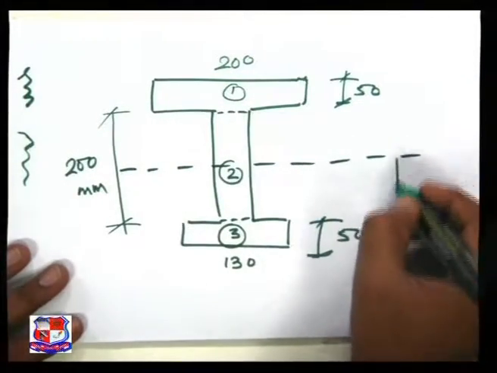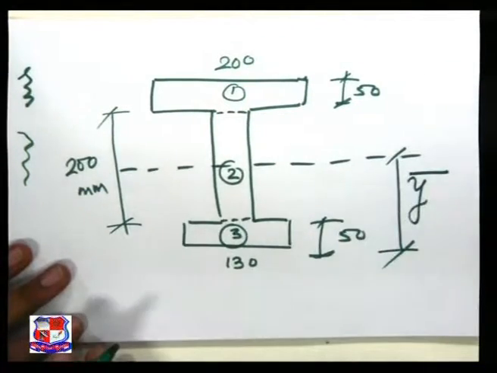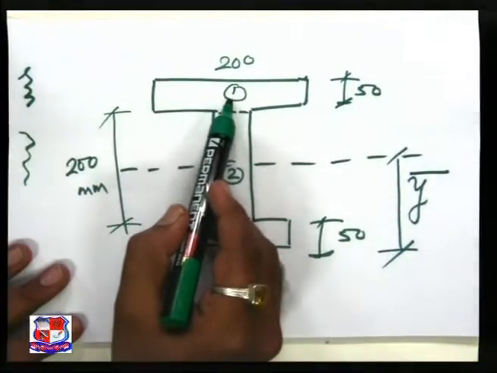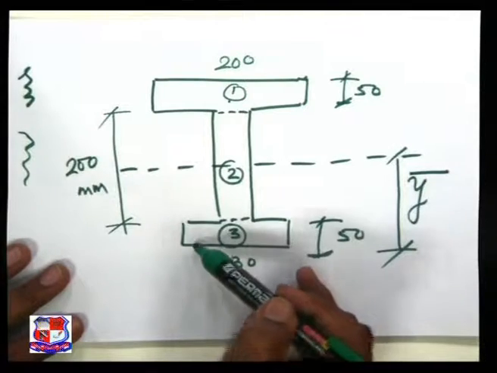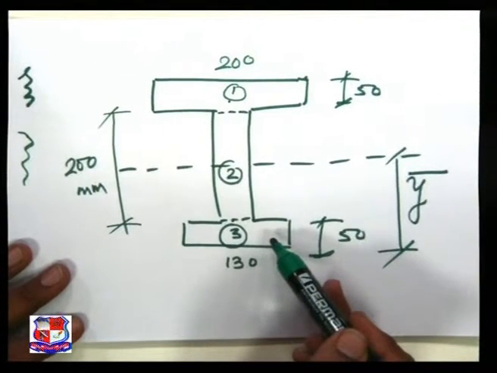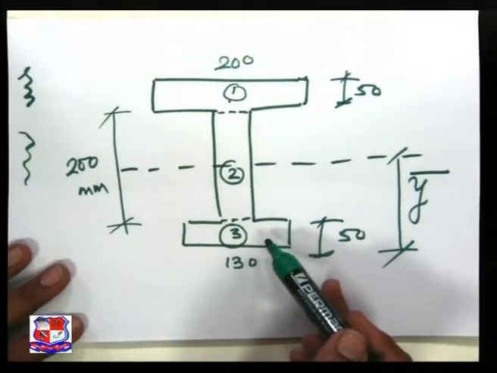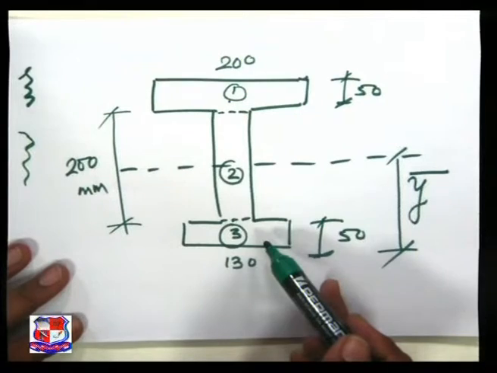We are assuming this as y bar. So A1 is nothing but the area of the first part, A2 is the area of the second part, A3 is the area of the third part. y1, y2, y3 are the distances of the CG of each area to the reference axis.